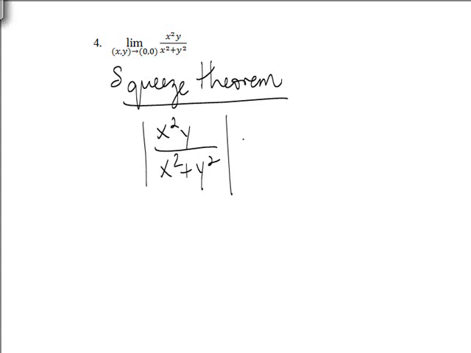Simplify this. This is the same thing as x squared over x squared plus y squared times absolute value of y. Why didn't I put the absolute value over this square? Because they're all squared. They're positive. It doesn't matter, right? So I just put the absolute value over the y.